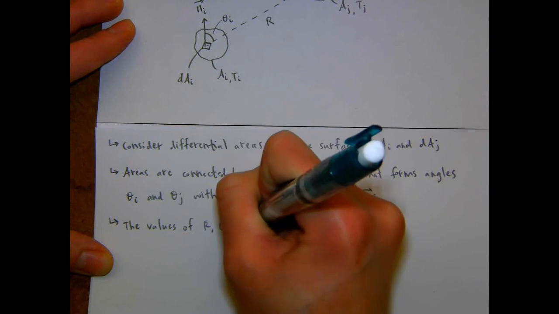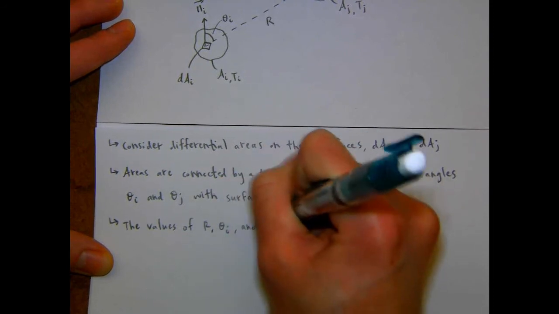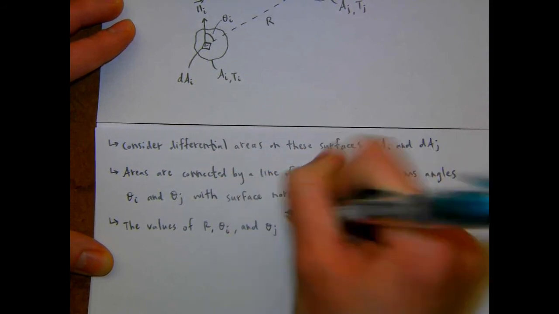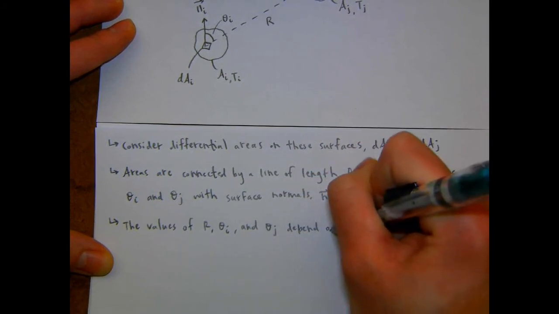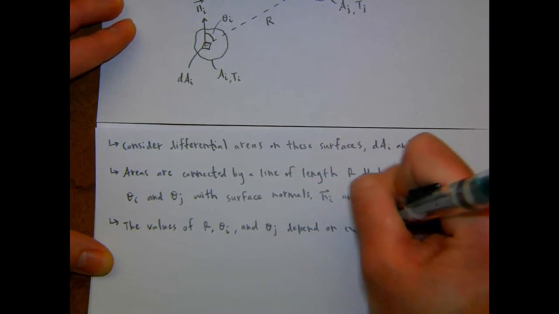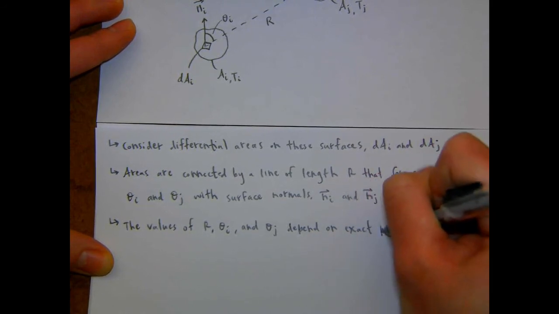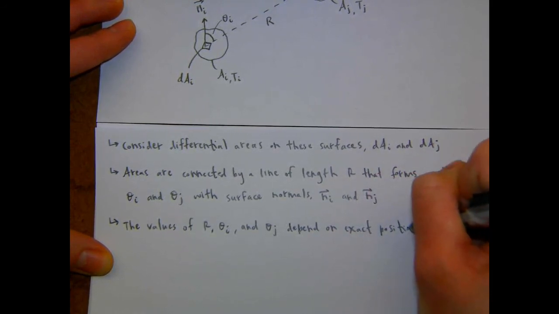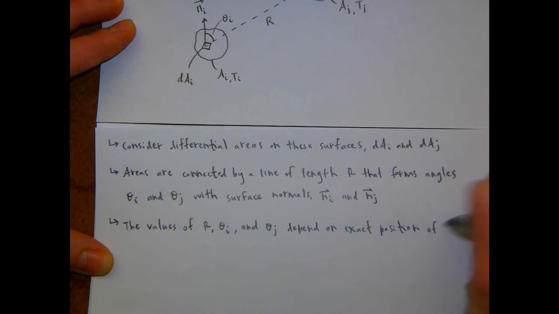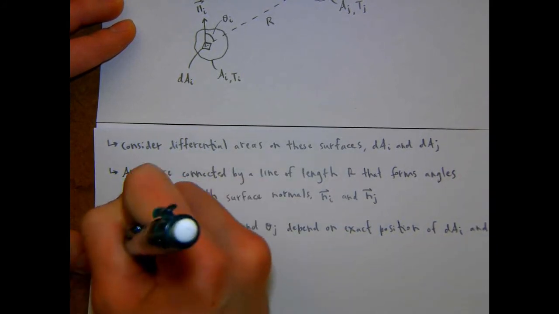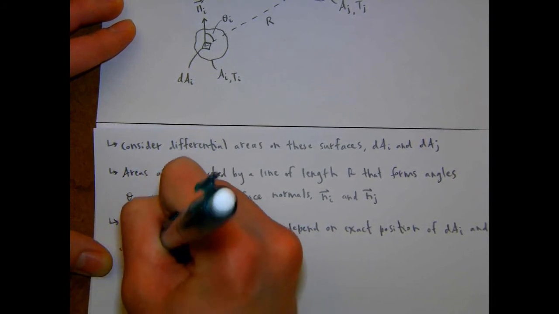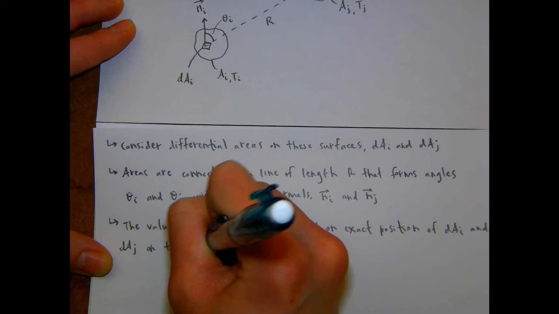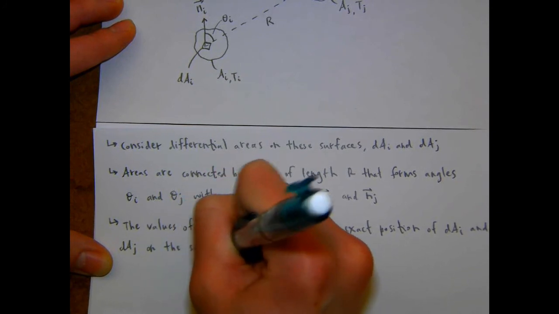So the values of r, theta i, and theta j depend on the exact position of dA sub i and dA sub j on the surfaces.